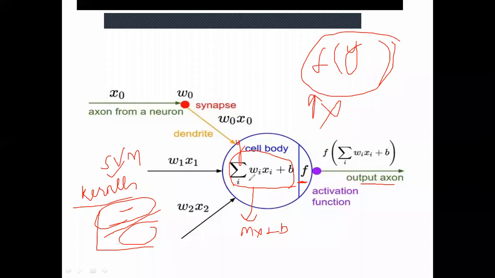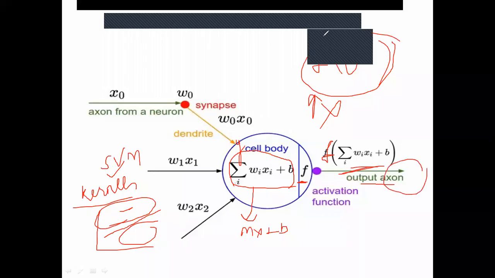You can assume that if you're not using the activation function, then your ANN is just like a linear model, so there is no advantage of using this ANN. So after taking the summation and adding the bias, we apply some activation function to this, and then you get the output.